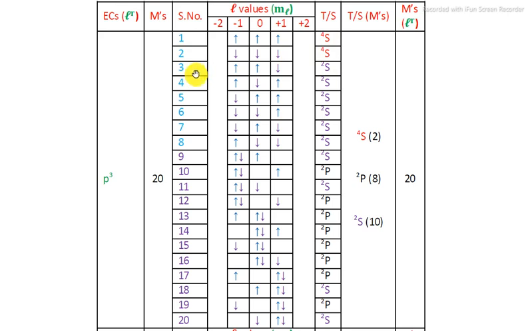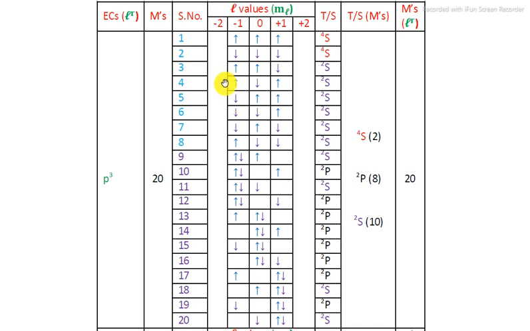For the microstates 3 to 8, if 2 electrons are positive spin and 1 electron is negative spin, and the negative spin electron is present in the third orbital or the second orbital or the first orbital, these types are 3 microstates.